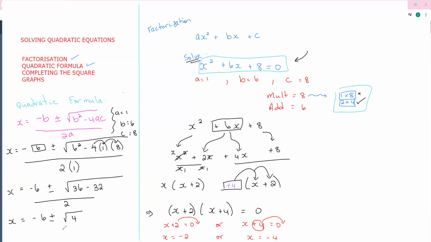So it will be the square root of 4, all divided by 2. Now, the square root of 4 is 2. So I'm changing colors so you see the difference. So that means x is equal to negative 6 plus or minus 2, all divided by 2.